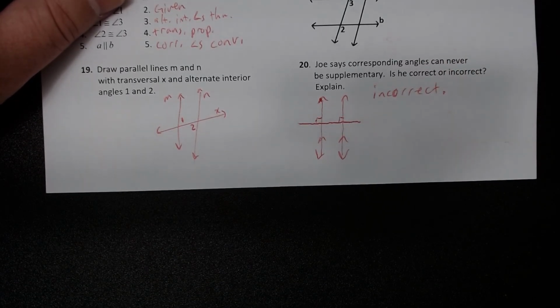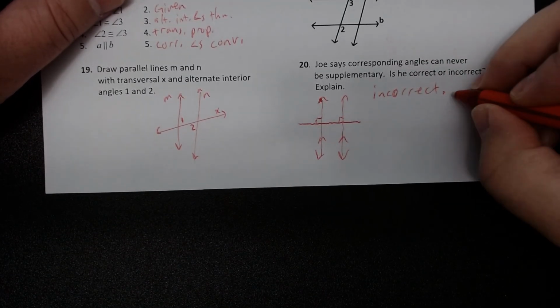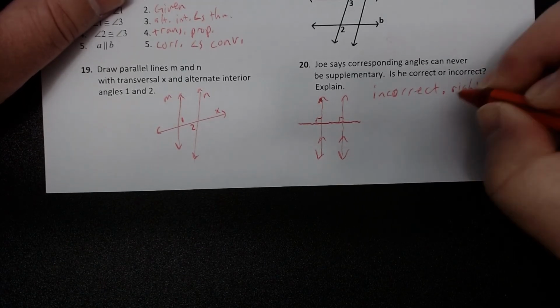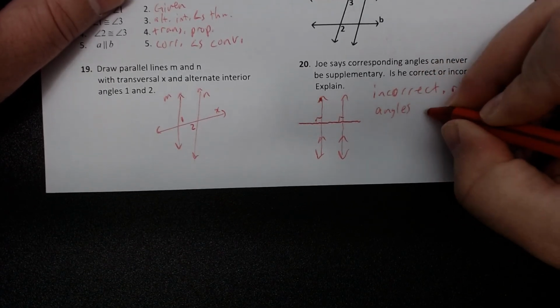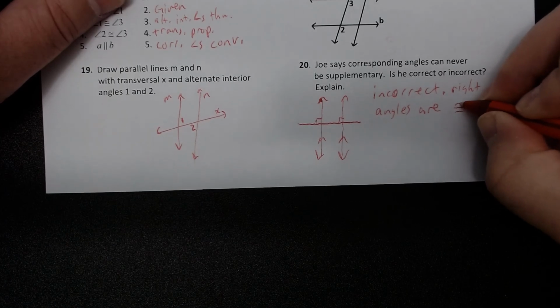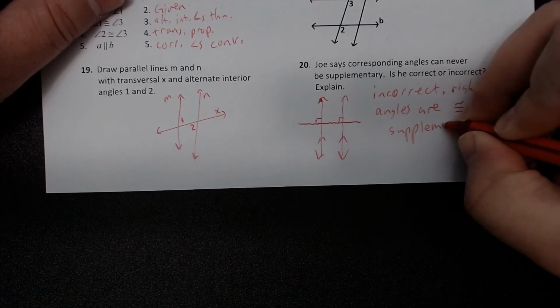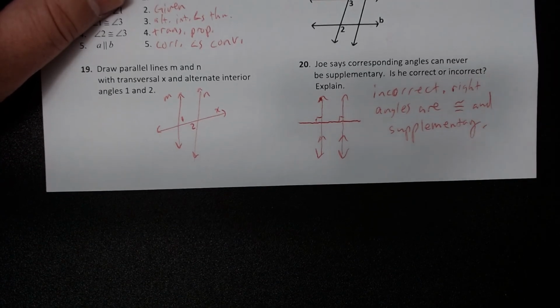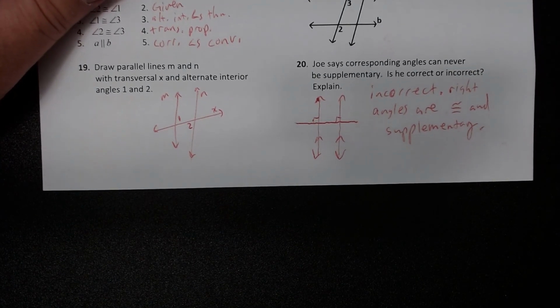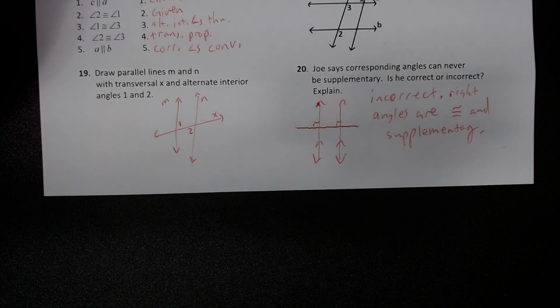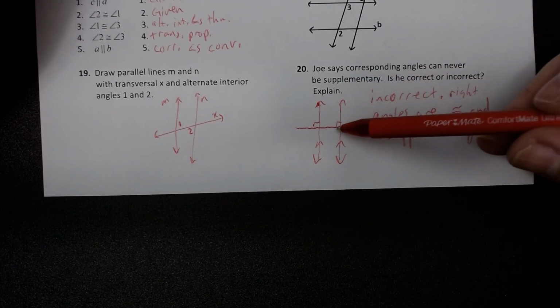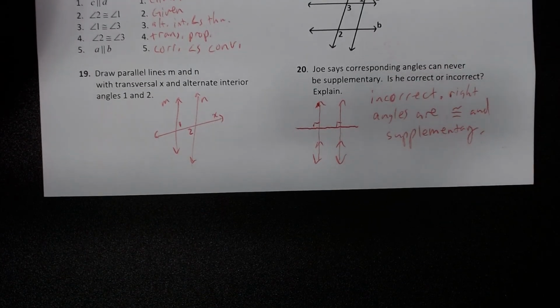Period. And it says to explain. And you can just say right angles are congruent and supplementary. So you could have angles that are congruent and supplementary if they're right angles. That's the only time it happens, but that is a counterexample.